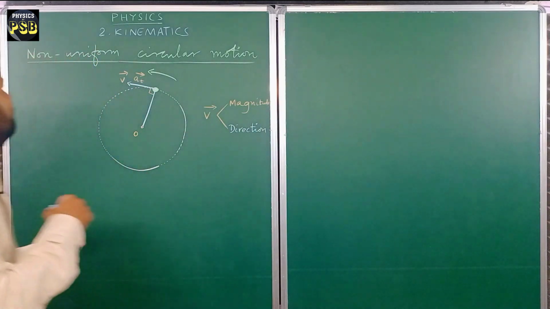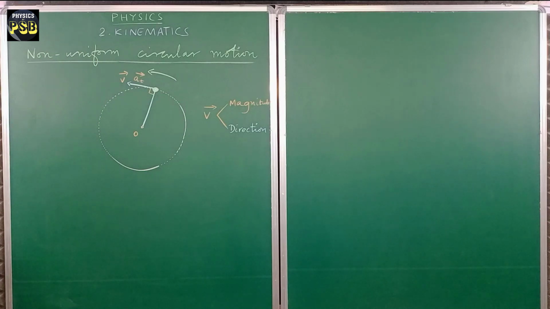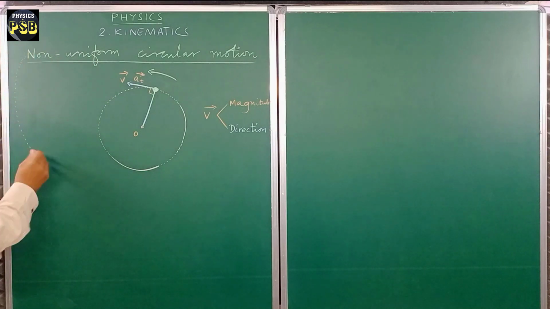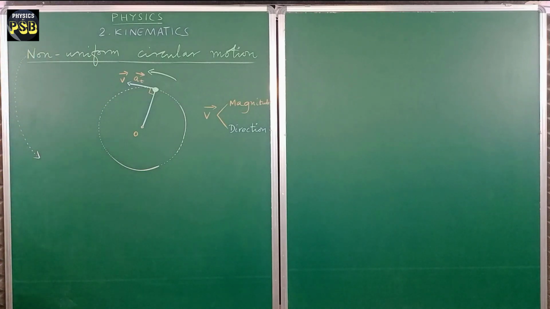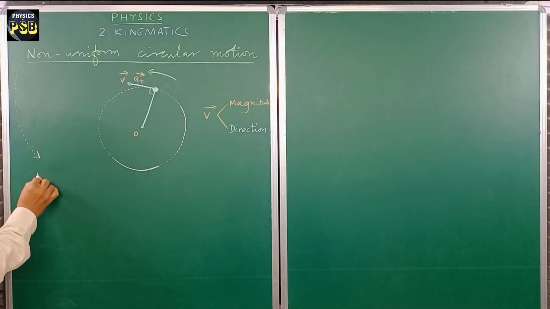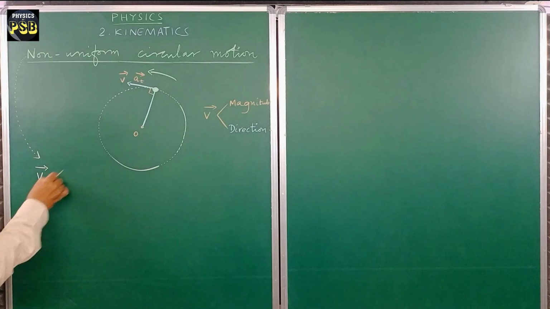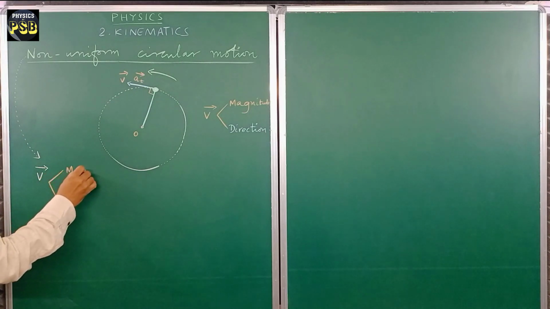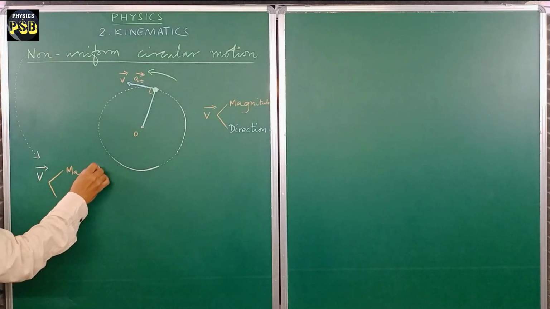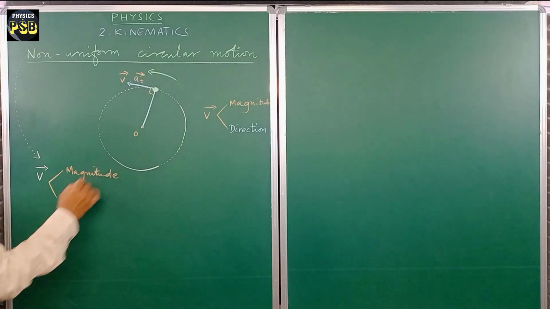Clear? But when we talk about non-uniform circular motion, here velocity, which has both magnitude and direction, varies.